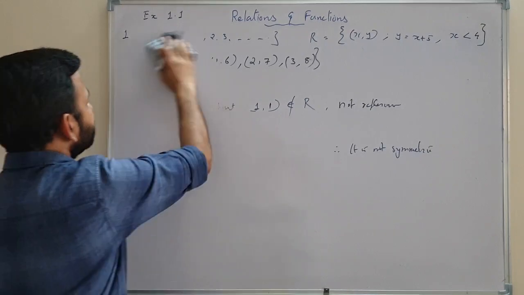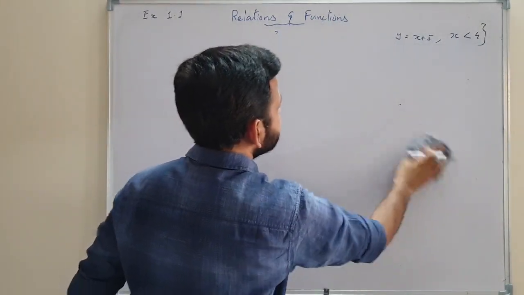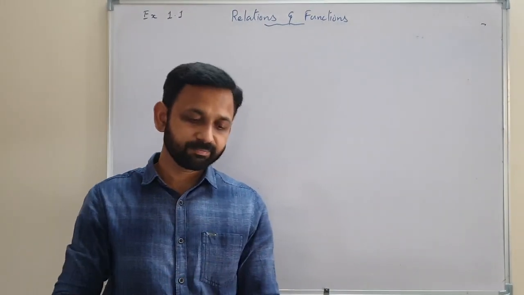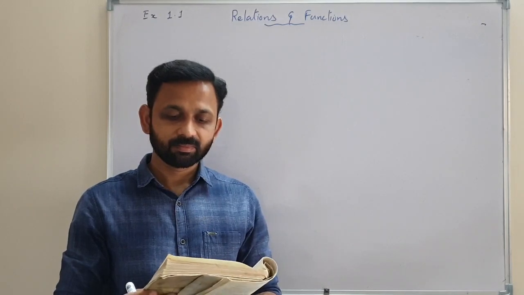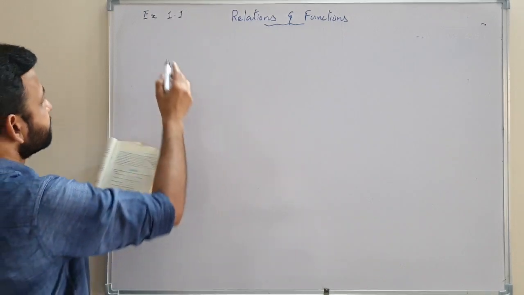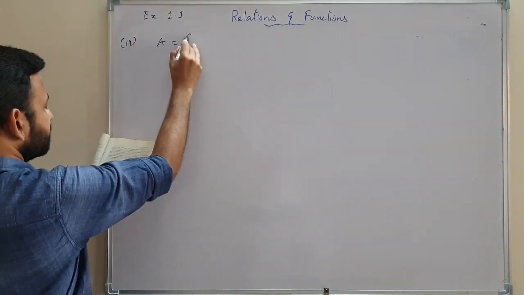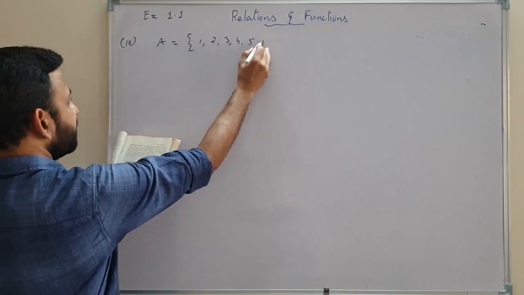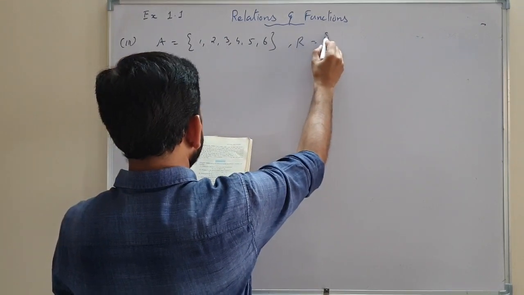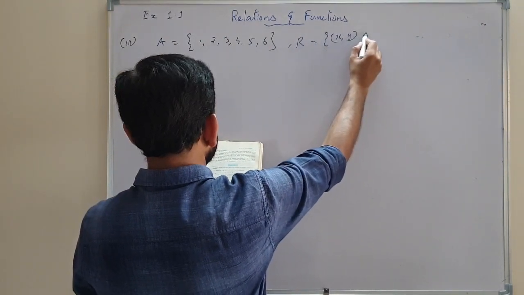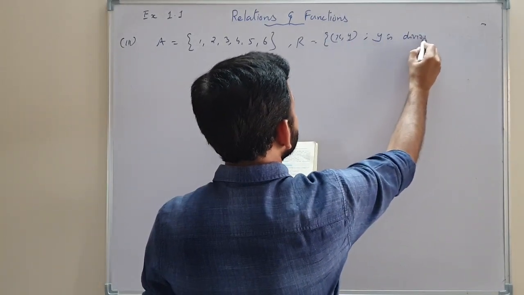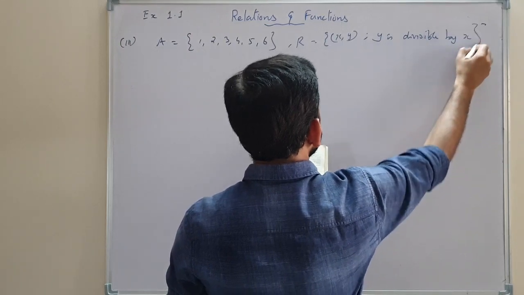Now we can do question number 3. A relation R in set A. A is given, the set {1, 2, 3, 4, 5, 6}, and relation R is the set of all ordered pairs (x, y) such that y is divisible by x.